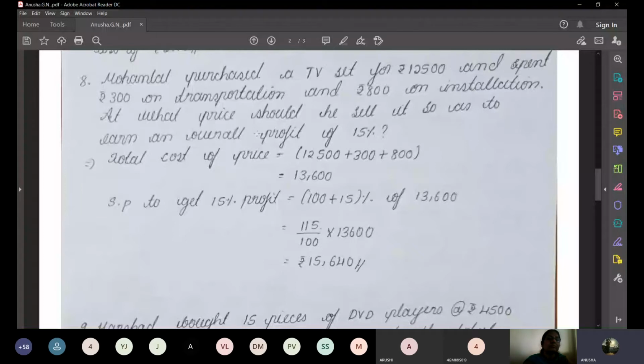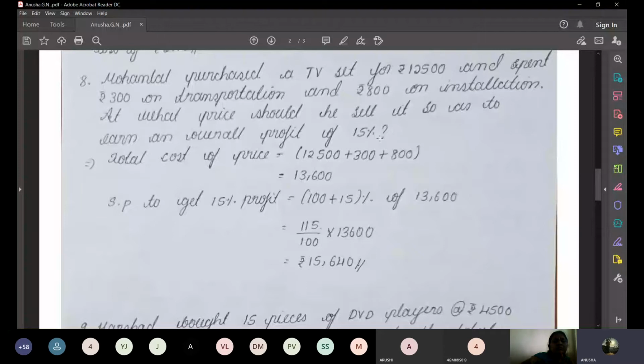Here he purchased a TV for rupees 12,500 and he invested 300 rupees for transportation and 800 rupees for installation. But here they gave 15%, they didn't give the real amount he sells for. So we need to convert this 15% into a price.